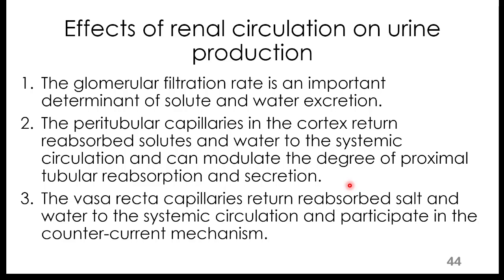But once that plasma is filtered, it has become urine. Now, that urine will be adjusted. There will be secretion, there will be reabsorption of water and electrolytes and some nutrients and so on, but it's already called a urine. All right. So it stands to reason that the glomerular filtration rate will be important in determining solute and water excretion.